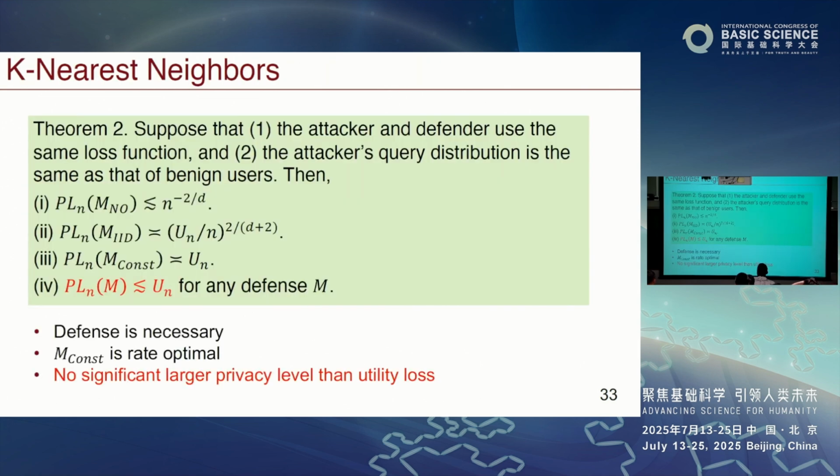All right. So here is the theorem. Okay. So we suppose the function f star is a Lipschitz function. Okay. All right. And the attacker uses nearest neighbor. All right. And then let's understand the privacy level of the different mechanisms. Okay? Here it turns out that if you don't do any defense, then the privacy level can be very small, right?